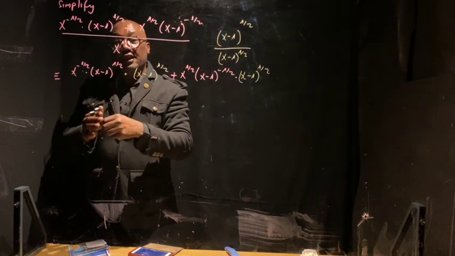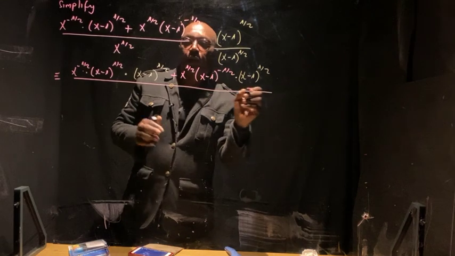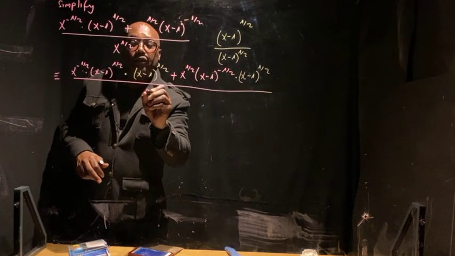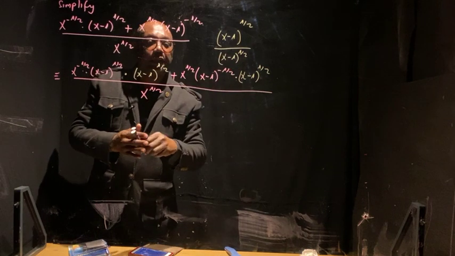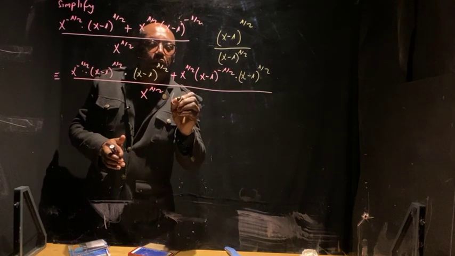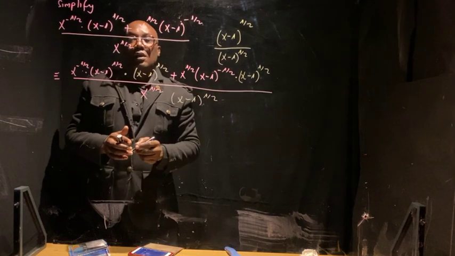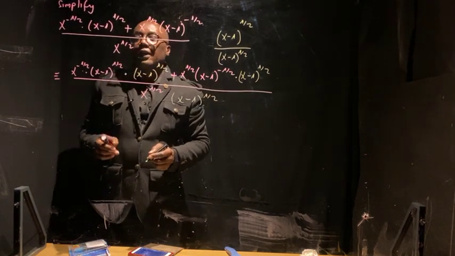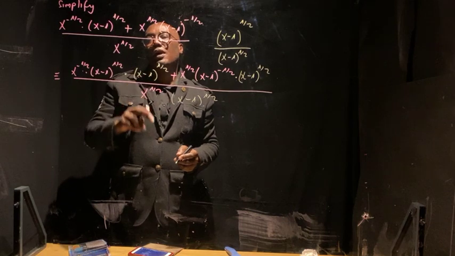Then we come to the denominator. This one, x raised to the power half, being multiplied to x minus 1 raised to the power half. You can see that this one and this one are identical, so I will apply the law 1.